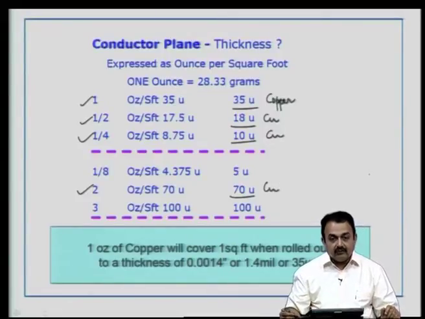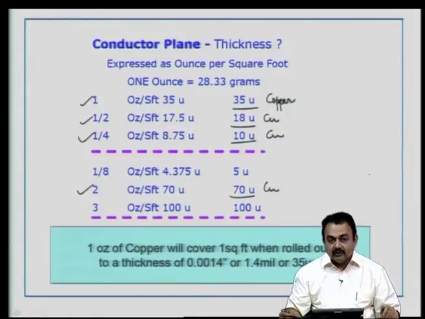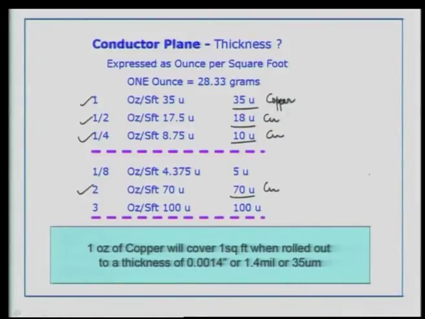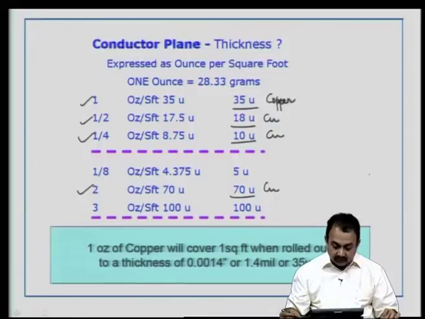So, 1 ounce of copper will cover 1 square feet when rolled out to a thickness of 1.4 mil or 35 micron. So, this is the basis for defining or using standard terminologies like 35 micron copper, or 18 micron copper in a copper clad laminate, and so on.